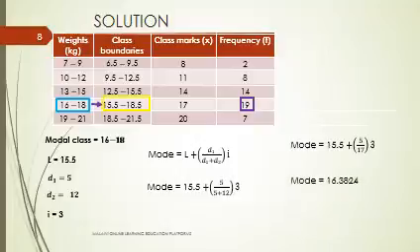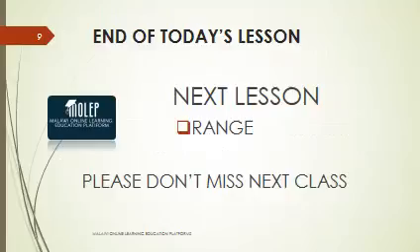Then you simplify 5 over 17 times 3 plus 15.5. So our mode now is 16.3824. This is how we find the mode in grouped data. This marks the end of today's lesson.